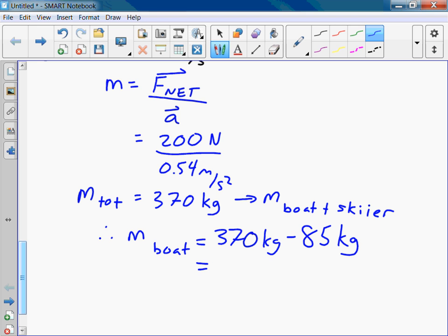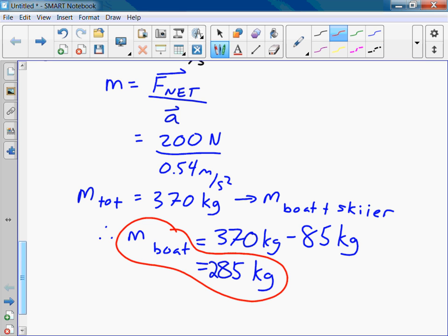So if we subtract the skier's mass, we end up with 285 kilograms. And that's our final answer.